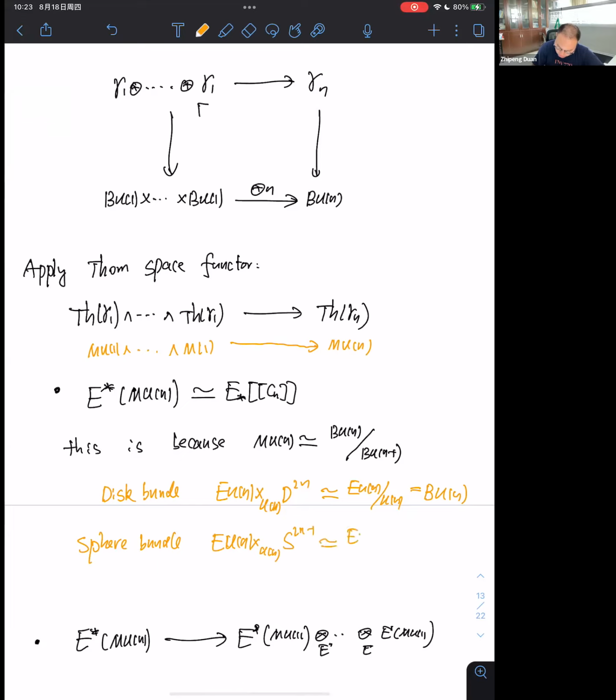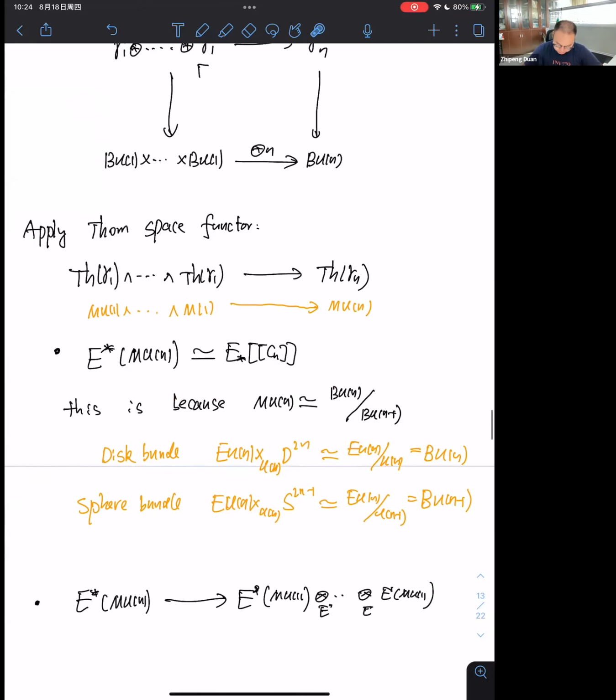This is equivalent to EUn quotient the stabilizer of the Un action on the sphere S2n-1, which is Un-1. This is the model for the classifying space of Un-1. So you just see the geometric fact. Then you find this homotopy equivalence, and the long exact sequence implies the cohomology of BUn is just the power series on c_n with E star coefficients.